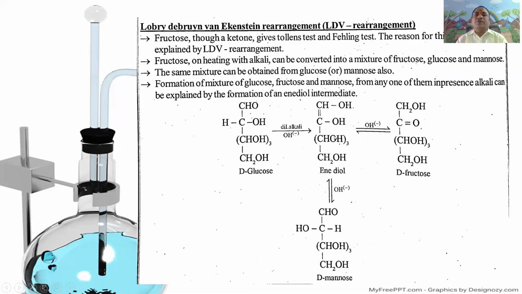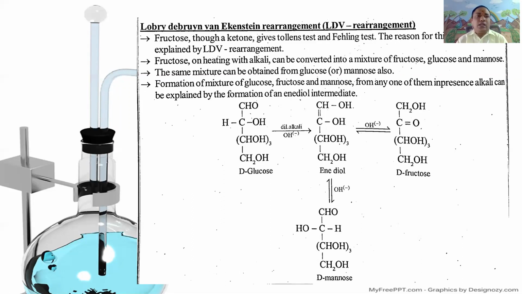Due to the presence of the enediol as intermediate product, fructose, even though it is a ketone, gives the Tollens and Fehling's test.